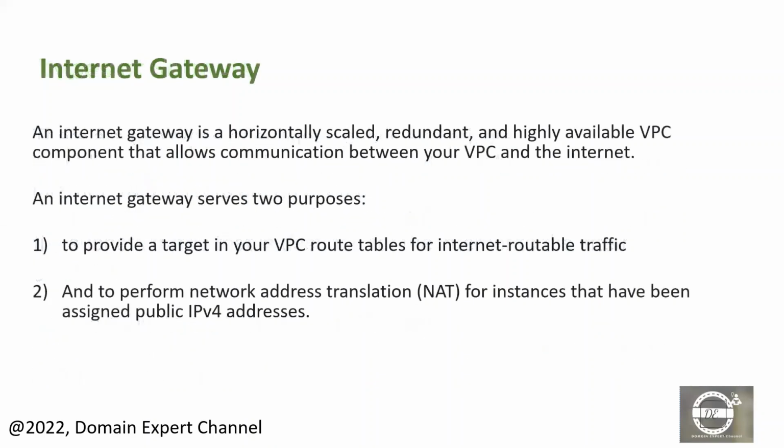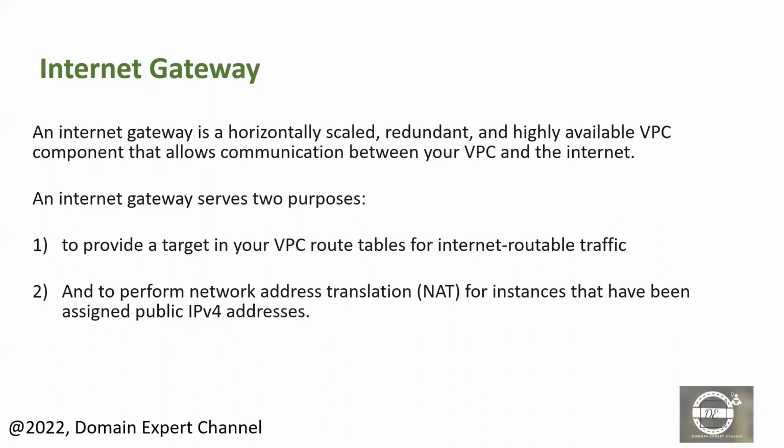Lastly, the internet gateway. An internet gateway is a horizontally scaled, redundant, and highly available VPC component that allows communication between your VPC and the internet. As per your VPC architecture, we have the public subnet, and in the public subnet we are hosting web applications.